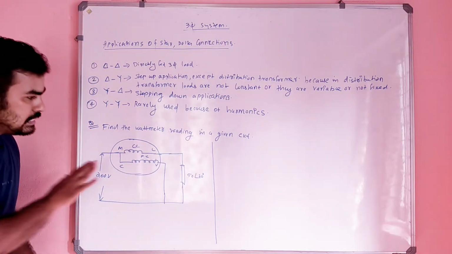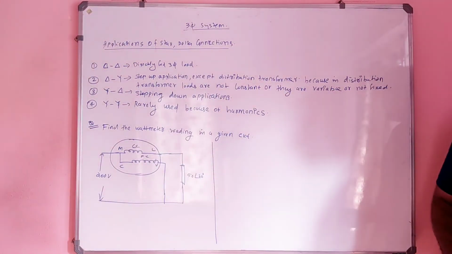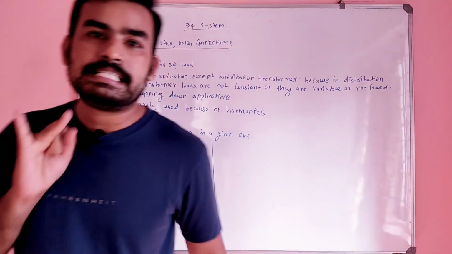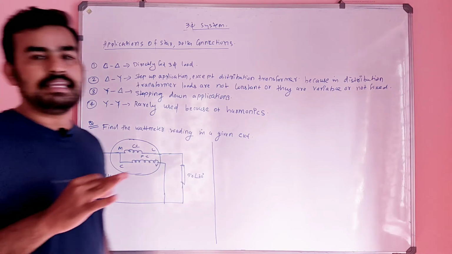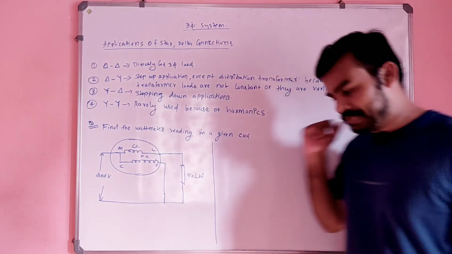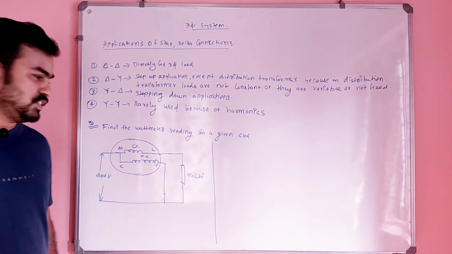This is the function of the wattmeter. The wattmeter reading is its current coil current times its pressure coil voltage times the cosine of the angle between that current and that voltage. That is the calculation inside the wattmeter.